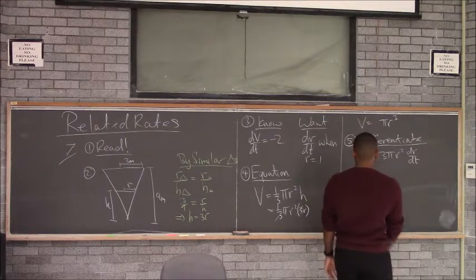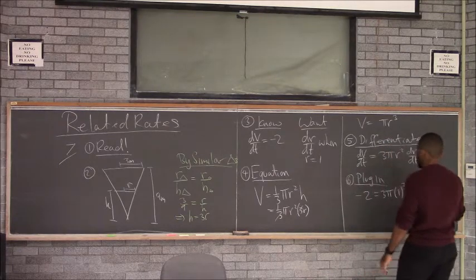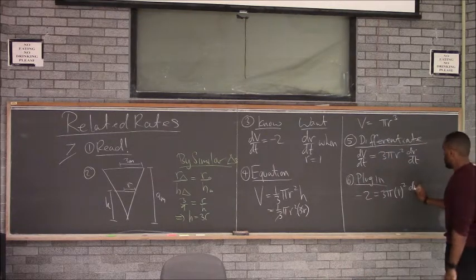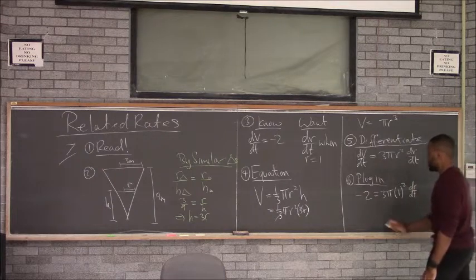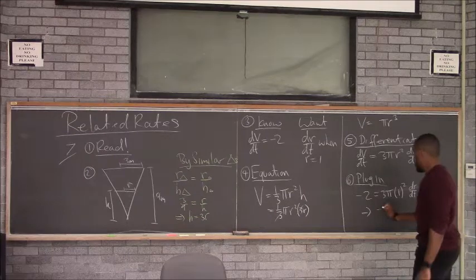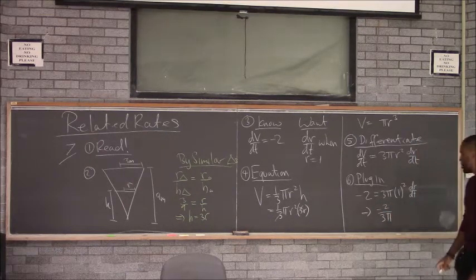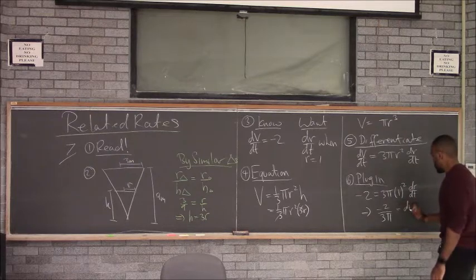So our dV/dt is -2. Our radius is 1. And so now we can find our dr/dt. So this is just going to be -2 over 3 pi is your dr/dt.